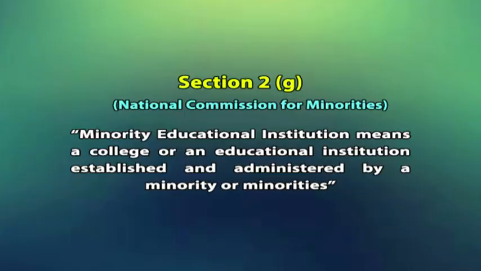Furthermore, as regards the criteria to be prescribed for the grant of minority status certificate, a reference to Section 2, Clause G of the Act has become inevitable as it defines a minority educational institution. Section 2, Clause G is, I quote, "minority educational institution means a college or an educational institution established and administered by a minority or minorities." Quote end.